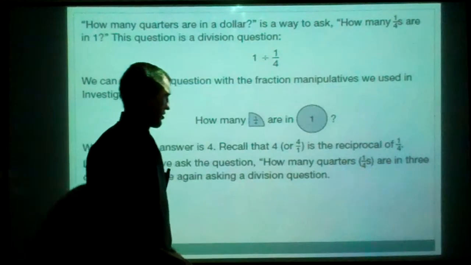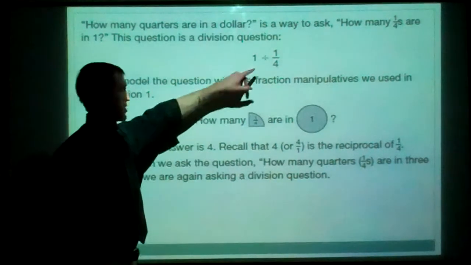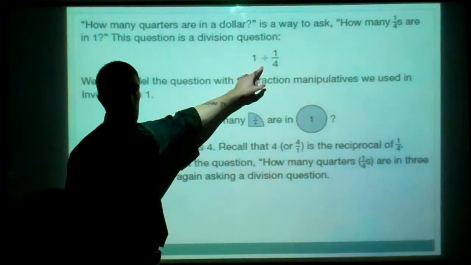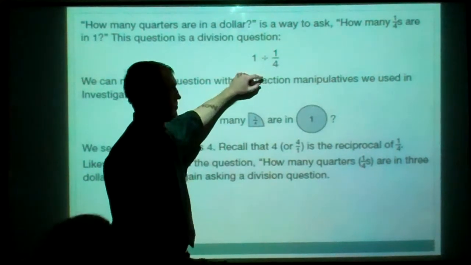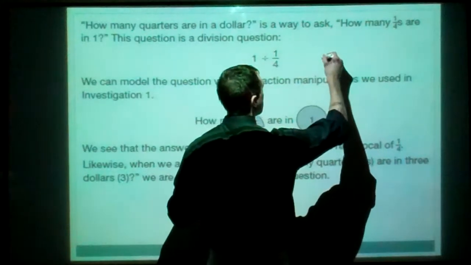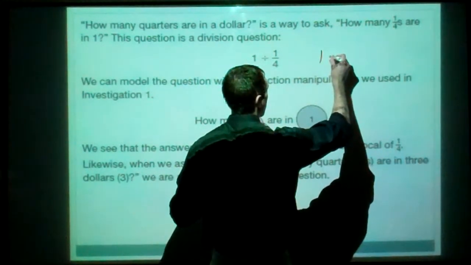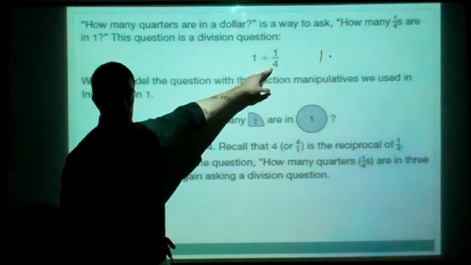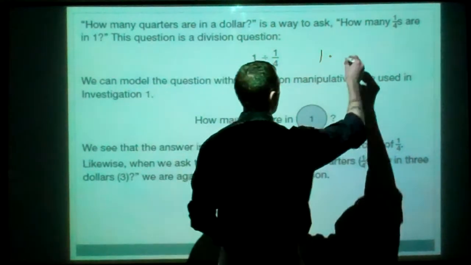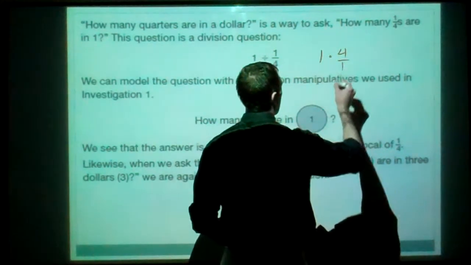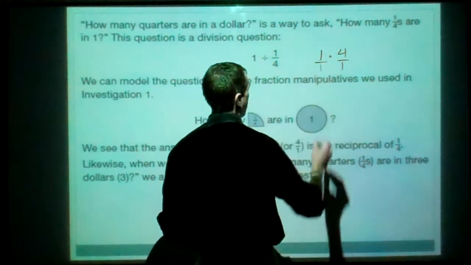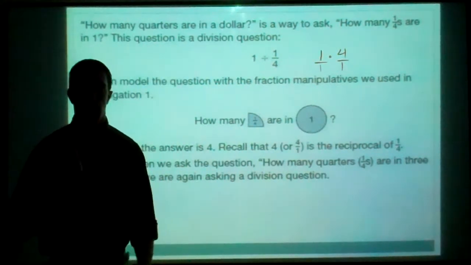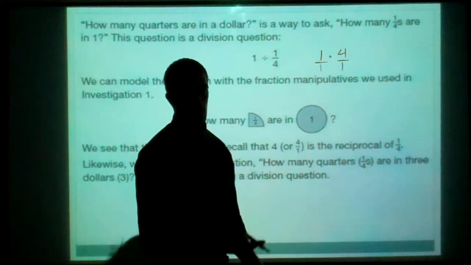So, how many quarters are in a dollar? To actually solve this mathematically, we know there's 4. We're going to turn this into a multiplication problem. So we're going to do 1 times the reciprocal of this. And we can turn 1 into 1 over 1. Then you just multiply straight across, or you can cancel before.